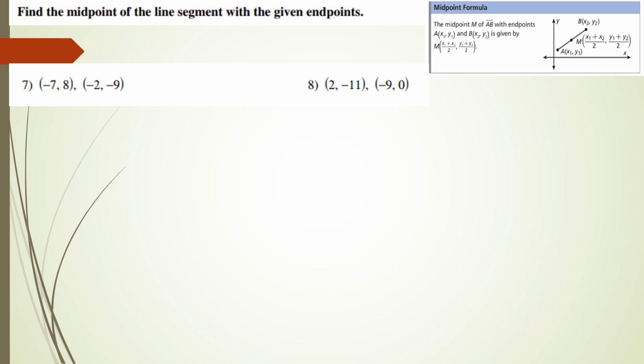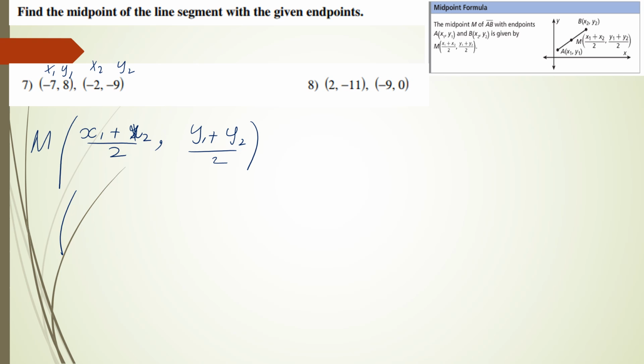So here the 2 points are given. Let's name them x1 and y1, and x2 and y2. Write down the midpoint formula. That is x1 plus x2 divided by 2, comma, y1 plus y2 divided by 2. Now replace. What is the x1 value?